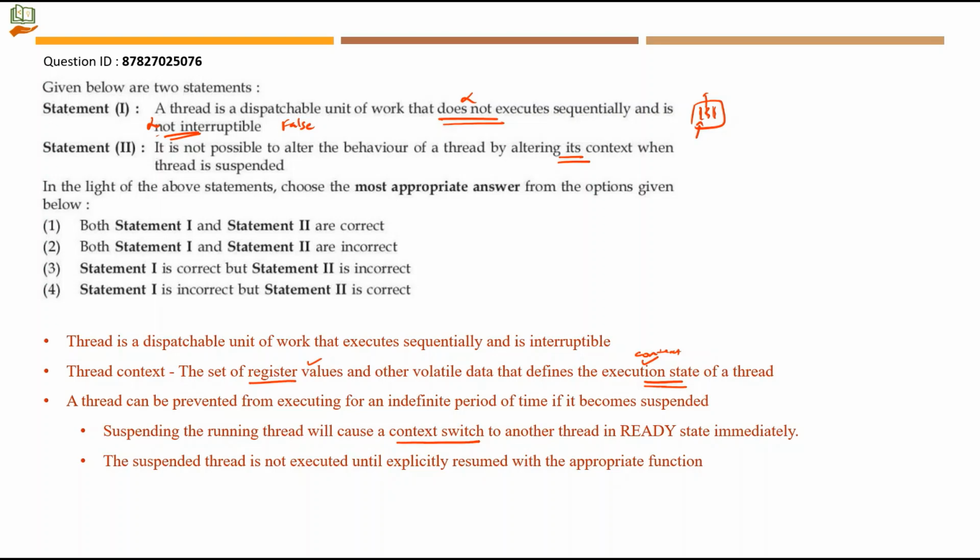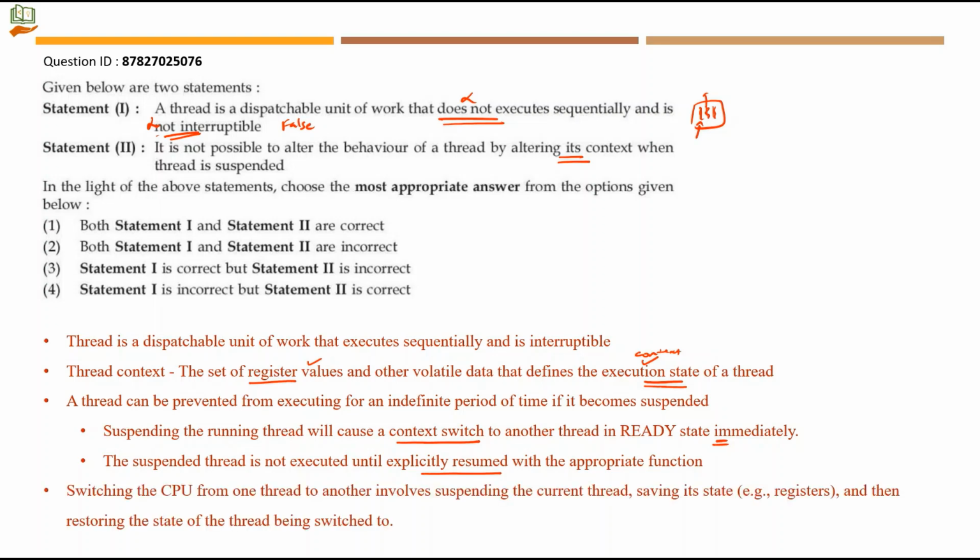So this will happen immediately once a thread becomes suspended. The suspended thread is not executed until explicitly resumed with the appropriate function. So here they say a suspended thread will not execute, but it will cause a context switch to another thread.